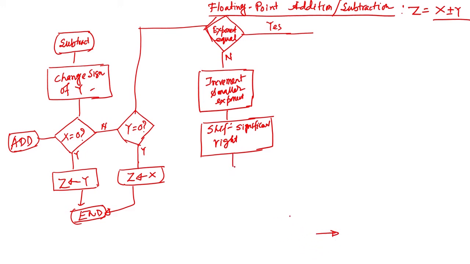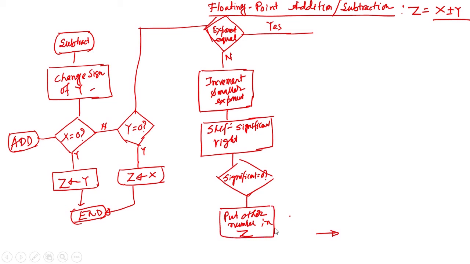If the significant is 0, then the other number will be the result. So, put the other number in Z.